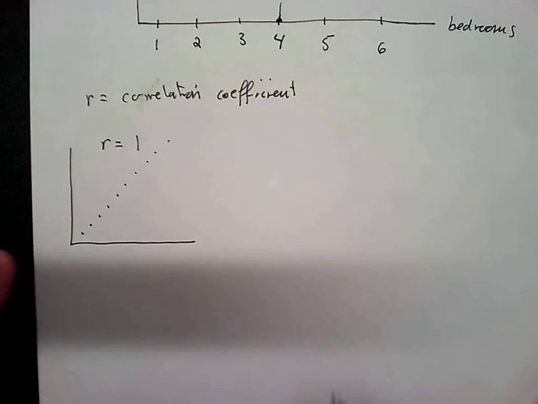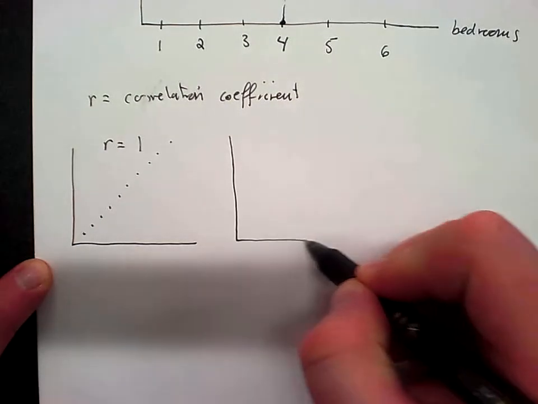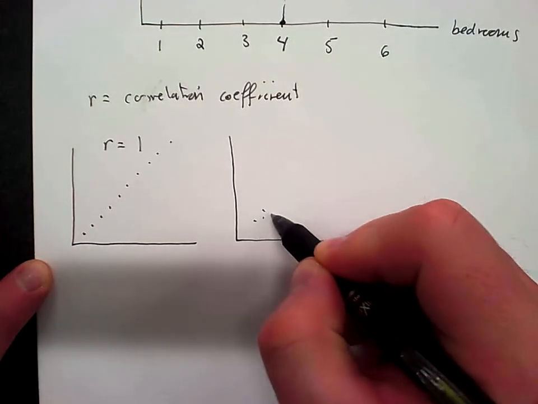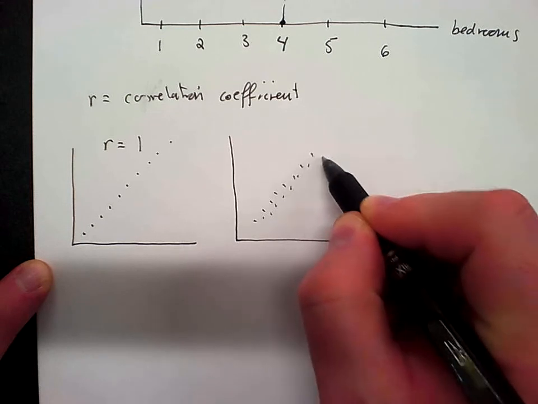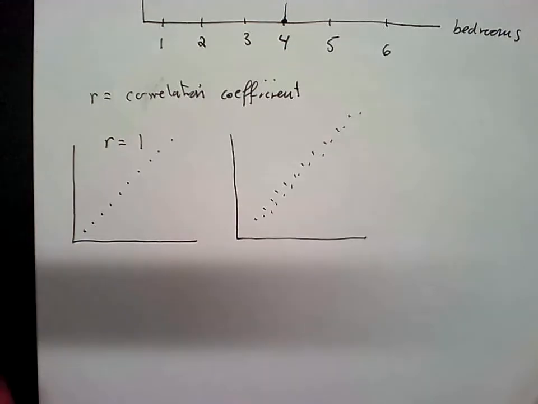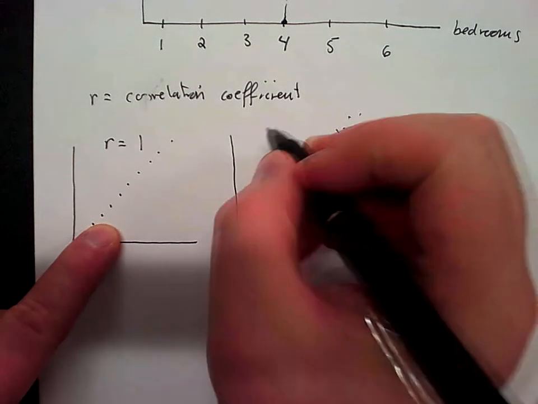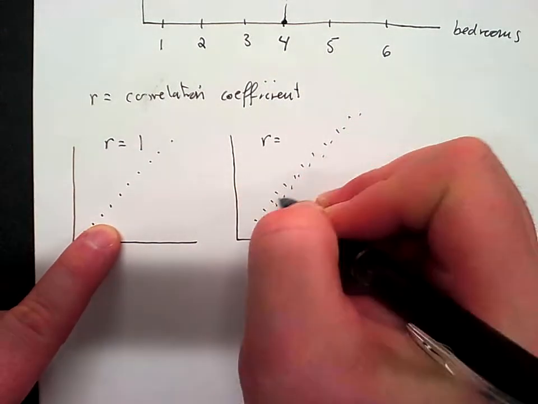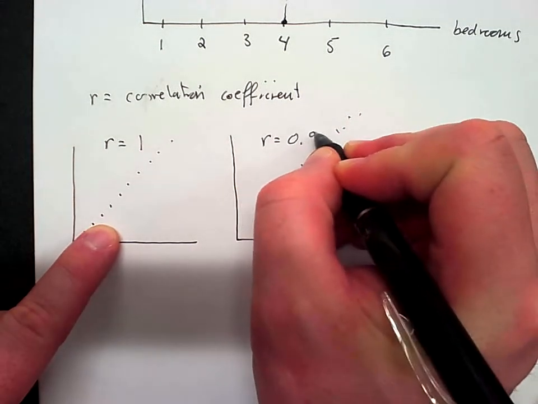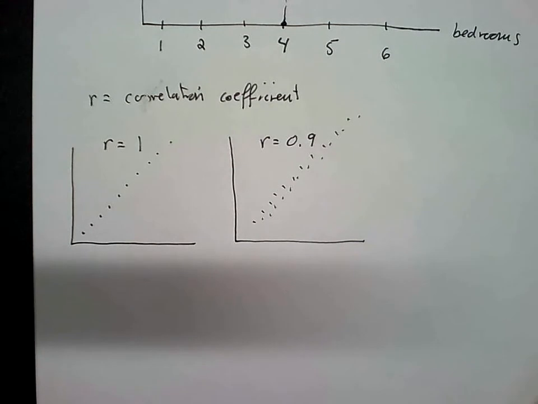But what happens if our data didn't follow a perfectly straight line? What happens if our data looks something like this? Well, there's a clear upward trend, right? It looks a lot like a line, but it's not quite a perfectly straight line like we had before. Is everybody good with this? Here, little r is really, really close to a straight line, so I'm going to call it 0.9.